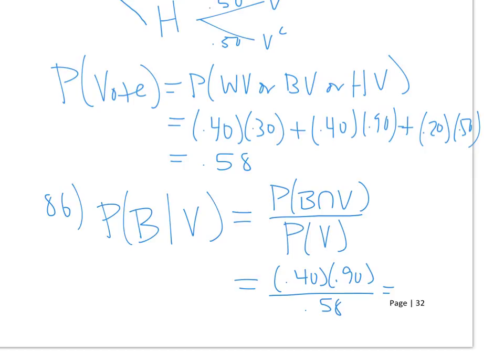Simplifying this result, 0.36 divided by 0.58 equals 0.6207. So if that candidate gets voted into office, 62% of the votes received would have come from the black race in the city.